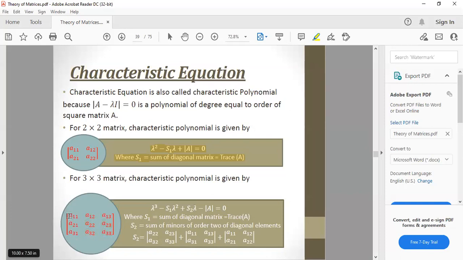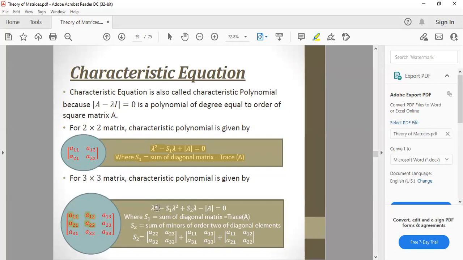The minor of A22 is A11, A13, A31, and A33. So you can see that the second one is this. Similarly, at the end, I'll take the minor of A33, and what I will get is this 2 by 2. So you can see that the last one is this.